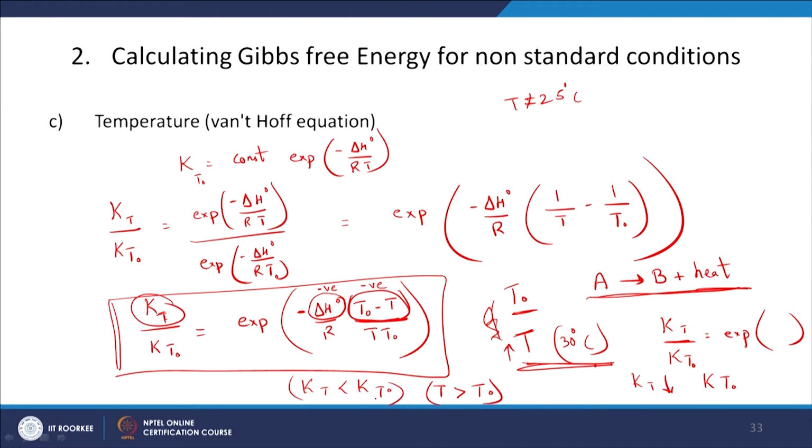Let us try to apply that to what we see here. Think of this now: at standard condition A goes to B plus heat, and you are increasing the temperature. What does that more or less translate into?